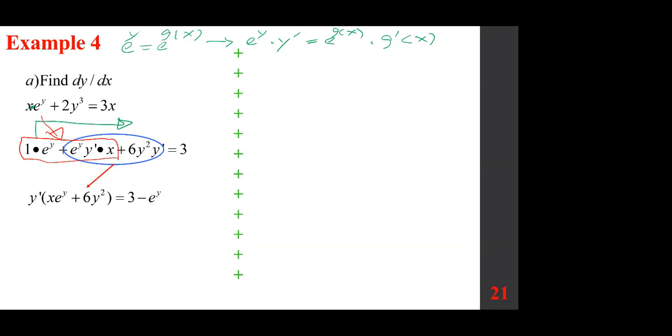Now the rest is history. Just divide by the parentheses. And we're done.